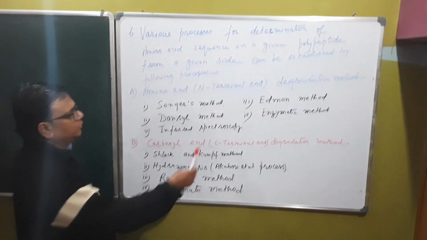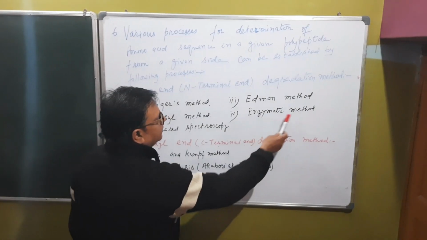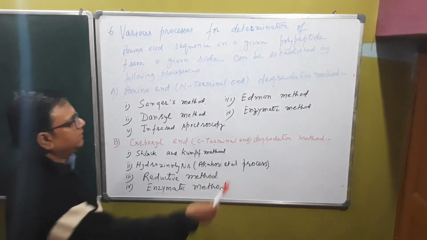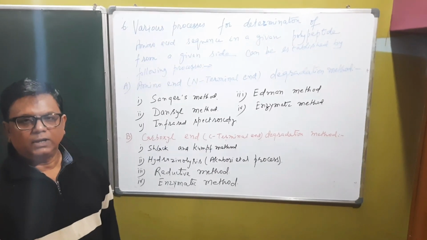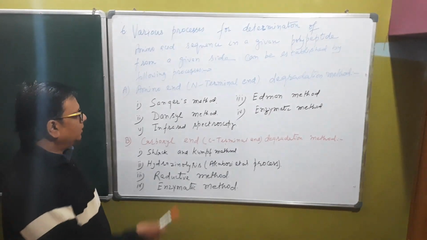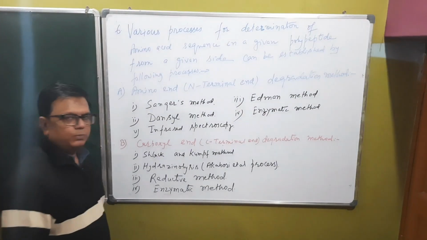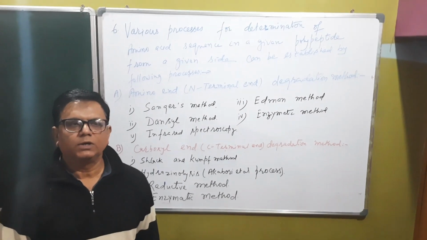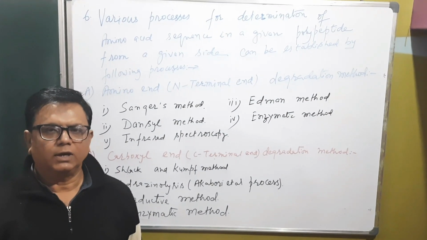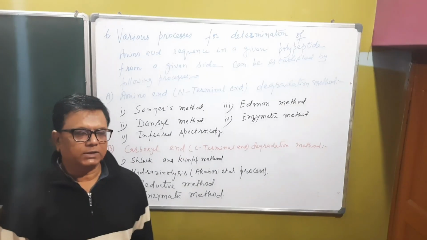Then you have Edman method and enzymatic method. Edman method is considered one of the best and most successful methods. Also, you have infrared spectroscopy. By application of infrared spectroscopy, the determination of amino acid sequence has been done.